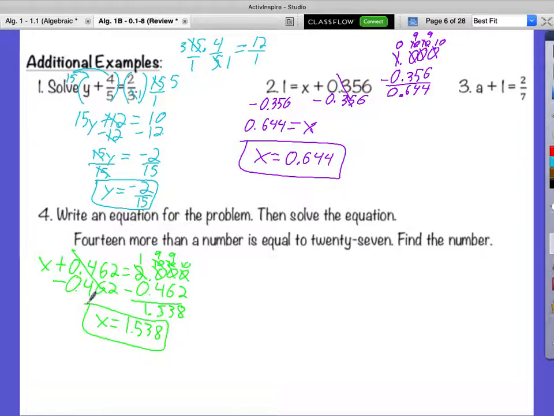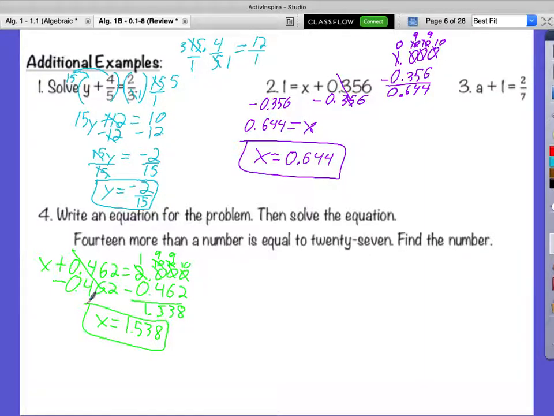It would be a equals 0. So a equals 2 over 7 minus 1. I'm just going to write a equals, and then 2 over 7 minus 1.